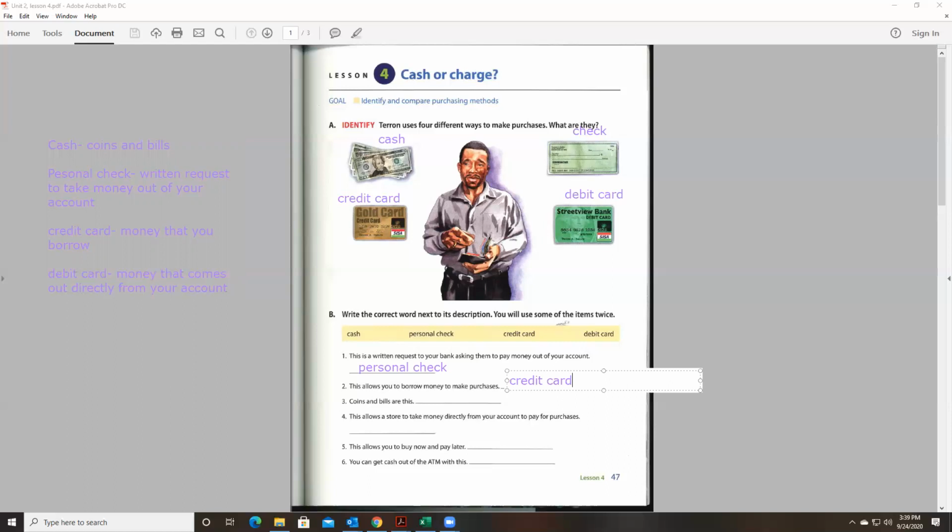Number 3, coins and bills. Okay, we know is cash. Okay, number 4. This allows a store to take money directly from your account to pay for purchases.